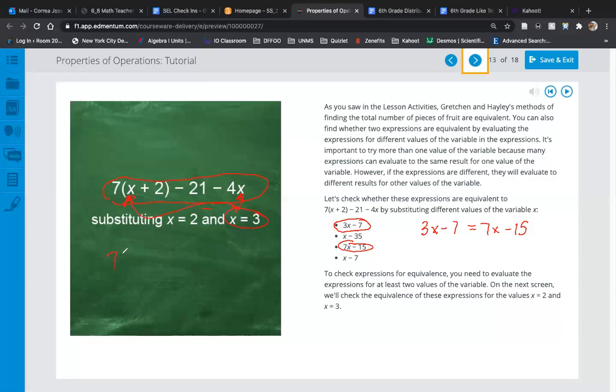So I'd say 7 multiplied by 3 plus 2 minus 21 minus 4 times 3. And again, we do order of operations first.